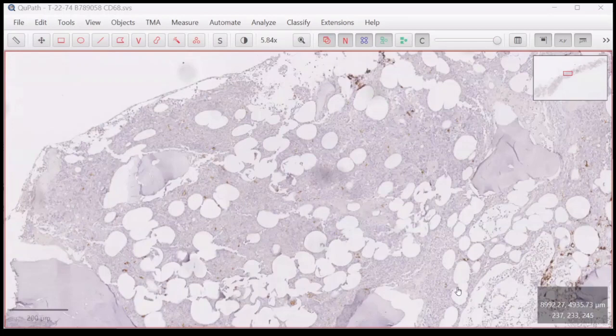Okay, CD117 will stain the cytoplasm, isn't it? Just like CD34. But the CD34 stain has a granular pattern on the cytoplasm, but not the CD117. Okay, interpreting CD117.